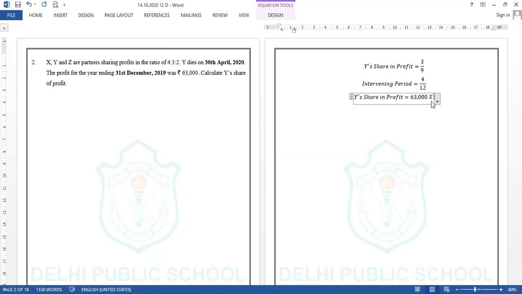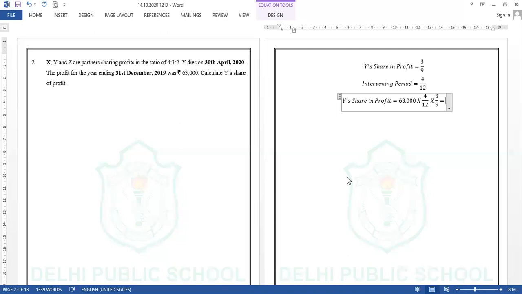I need the profit of the intervening period, which is 4 months, so 4/12, into Y's share, which is 3/9. The months have to be taken care of because we are given the profit for the full year. Out of that, we calculate the profit for those 4 months, and out of that, the profit of the deceased partner.